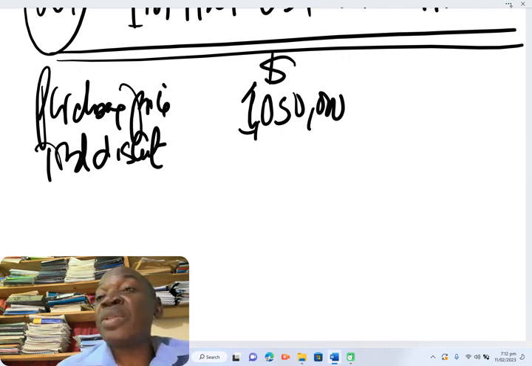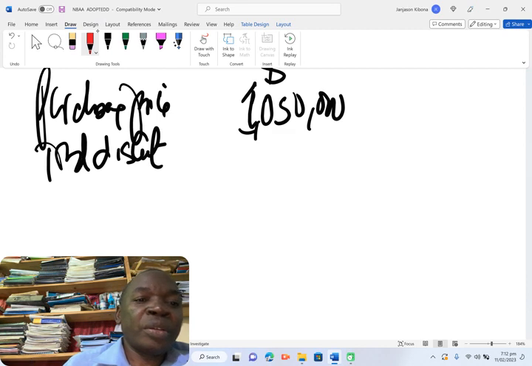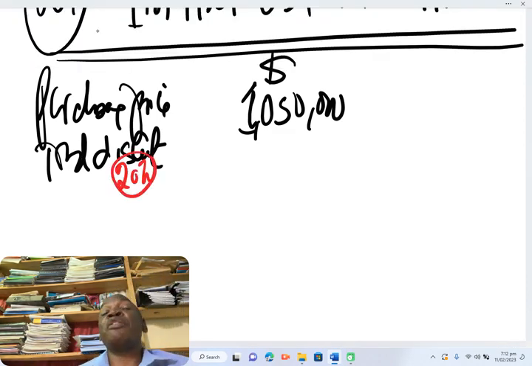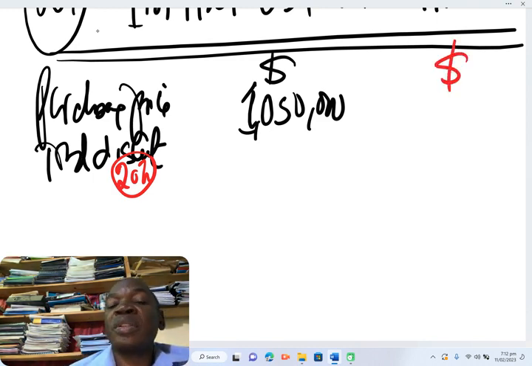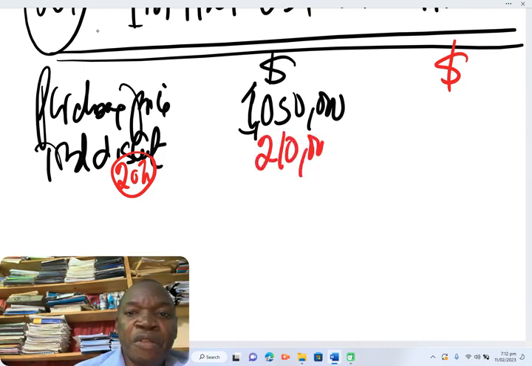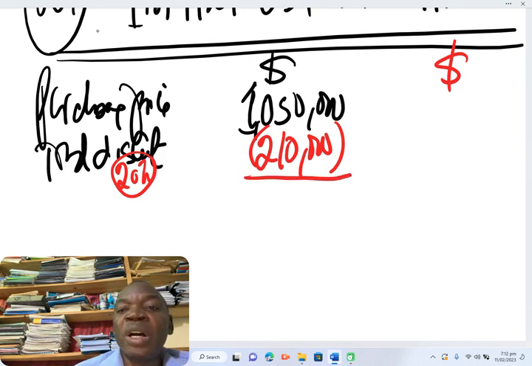So trade discount was how many? 20%. Sasa piga 20% ya hiyo figure, unapata ngapi? Changamka hapo. Nataka majibu haraka hapo. 200,000 na 10,000. Hivi, si ndio? Ukitoa unapata ngapi?